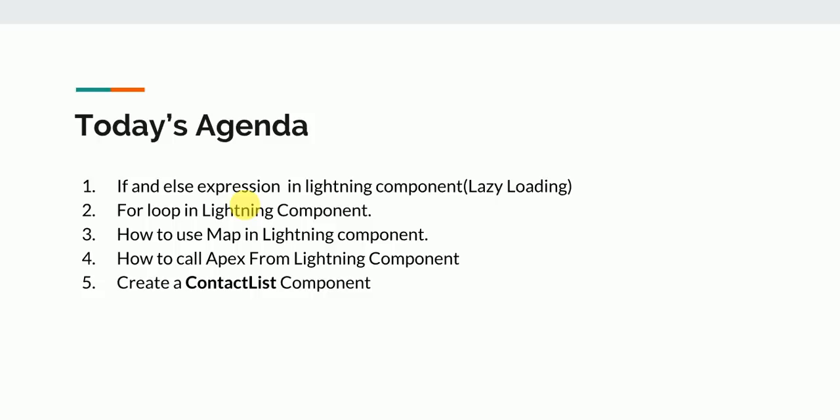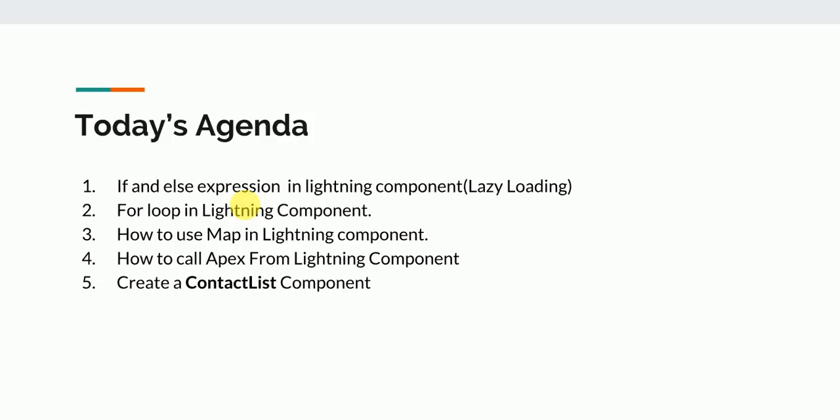We will also implement that map here, and we'll also see how we can call Apex class methods from a Lightning component with the help of a mediator, a JavaScript controller. And then for the practical lab exercise, we will create a contact list component, and we'll also style that component with the help of standard CSS.